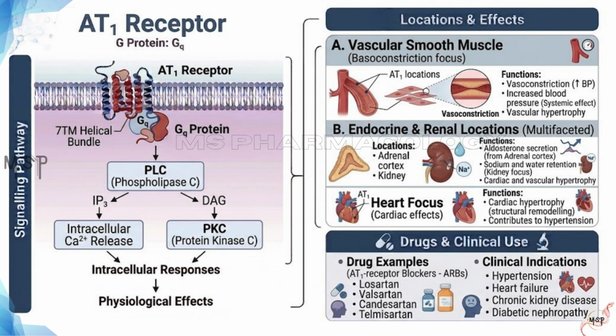From a clinical perspective, AT1 receptors are important therapeutic targets. Drugs such as losartan, valsartan, candesartan, and telmisartan block these receptors and are widely used in the treatment of hypertension, heart failure, chronic kidney disease, and diabetic nephropathy.